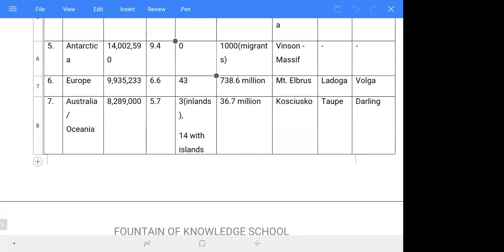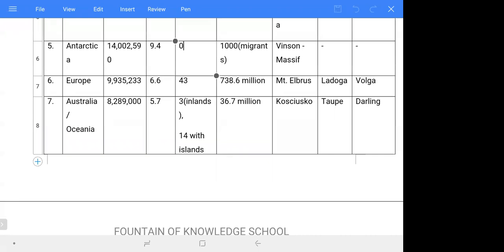But Australia has about 11 independent islands. Together with the islands, Australia has 14 countries. That means inland plus island. But if it is only inland country, that means within the dry land, there are only 3 countries.